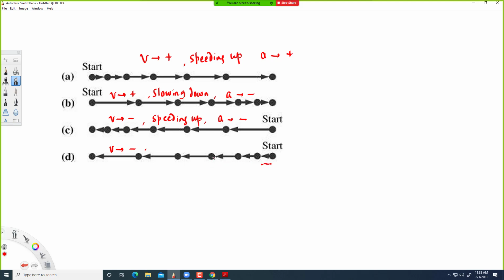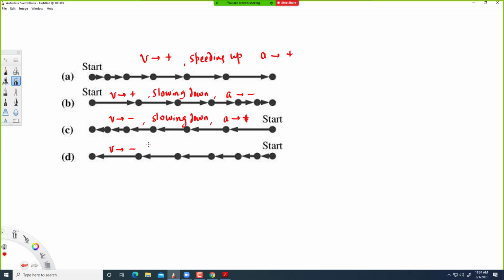Oh, my mistake. This is slowing down. The size of the arrow is decreasing, so less and less distance is covered in the same time interval. So that means A would be positive. Slowing down means opposite directions.